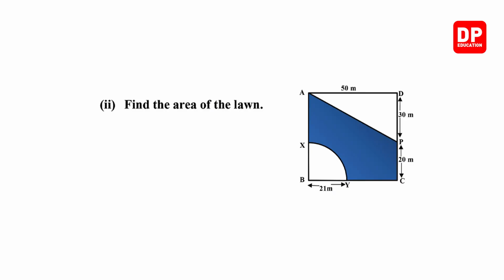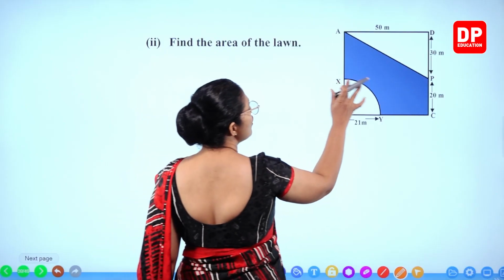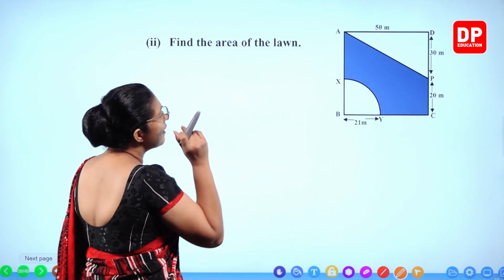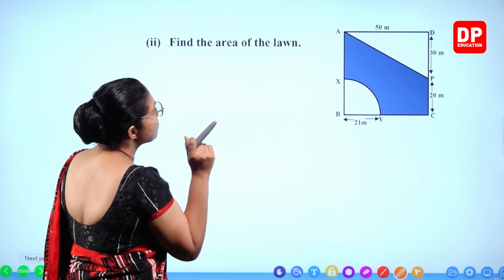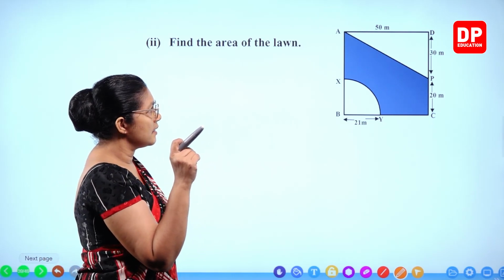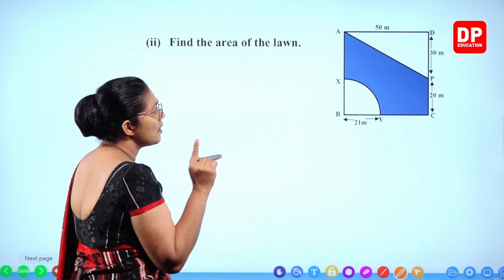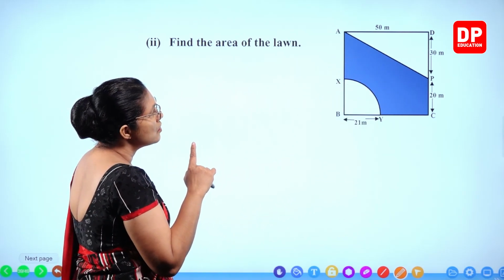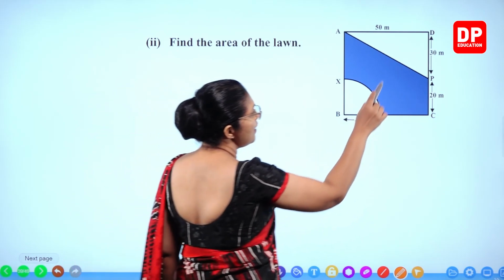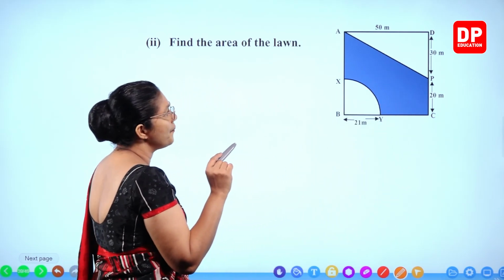Part 2, find the area of the lawn. That means the shaded part. To find out that, you need to subtract both these areas from the total area. What's the total area? So 50 is this side and 50. So this is a square.